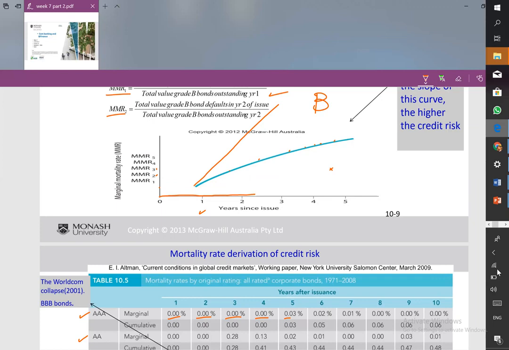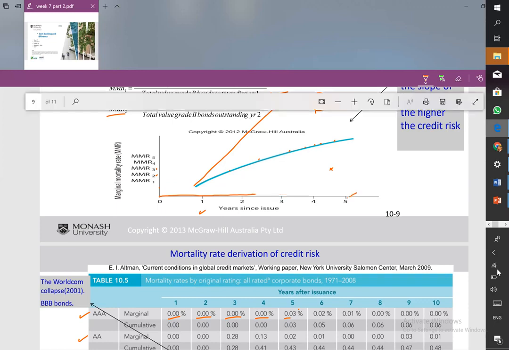Then it will increase, I think, in year 5. The curve will start to go up in year 5, with the first point here, and then it dropped.